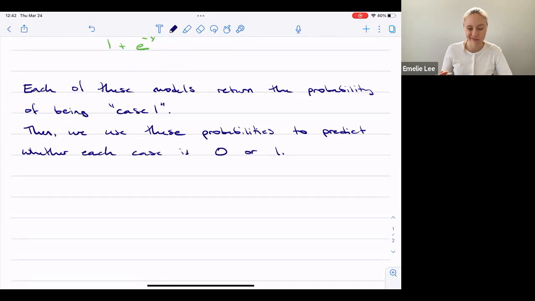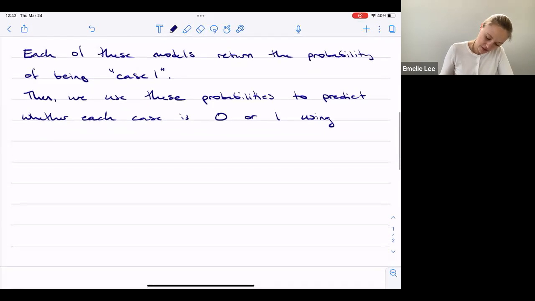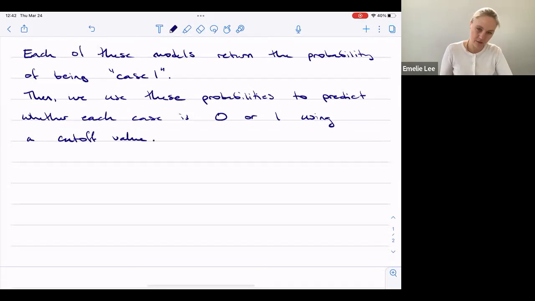Okay, and I should probably mention the cutoff, using a cutoff value. We talked about that last day, and we're going to see more of it today.